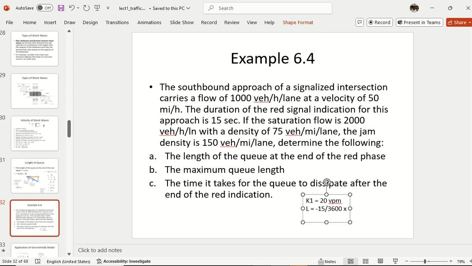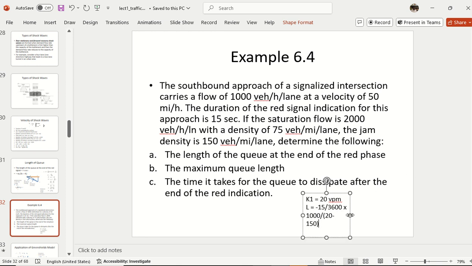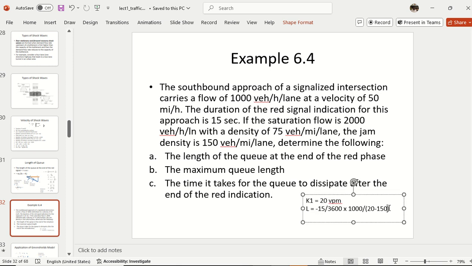Then it was Q1 divided by K1 minus Kj, right? So K1 minus Kj. How much is it?